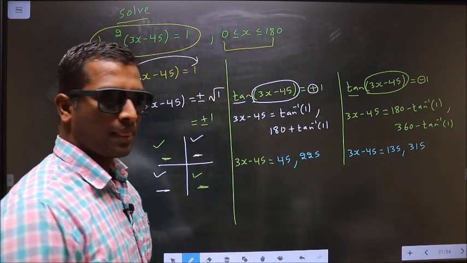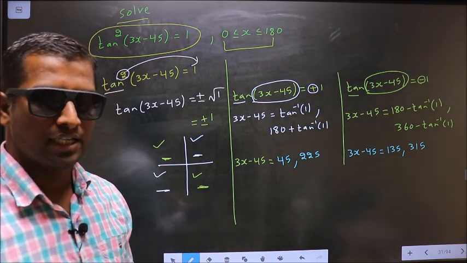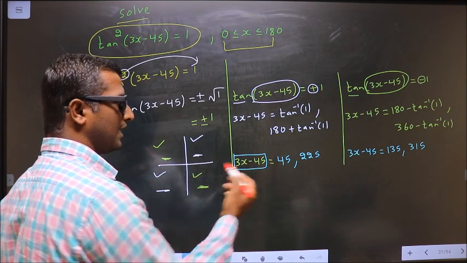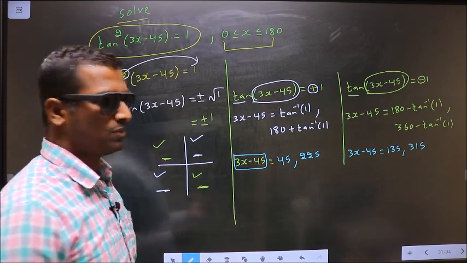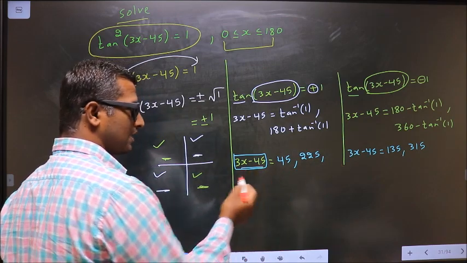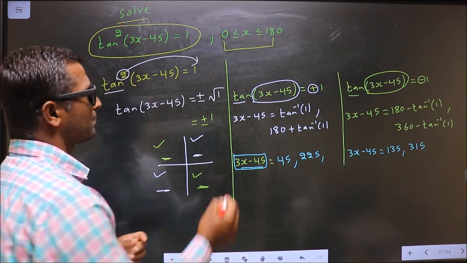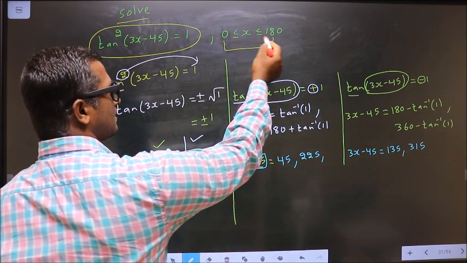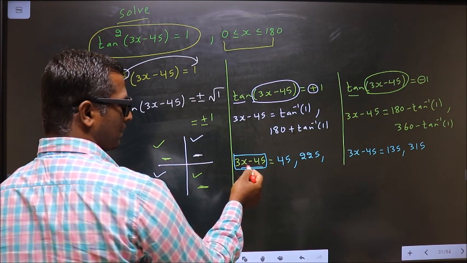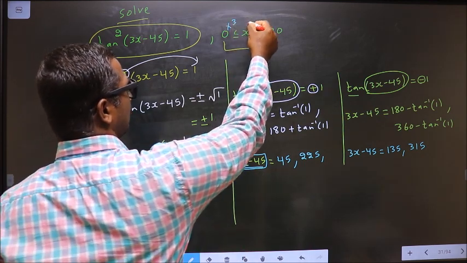Now, the question arises, in what interval should the values for 3x minus 45 lie? How many more values shall I write for this? To answer that, we do this. Here x lies in this interval. We should get 3x minus 45. First, to get 3x, you multiply by 3.